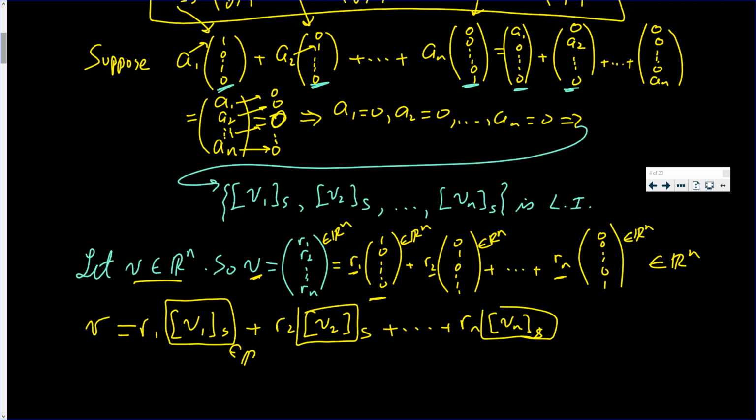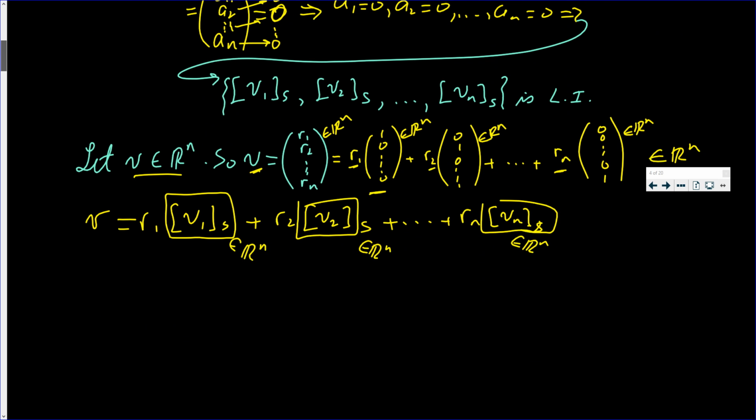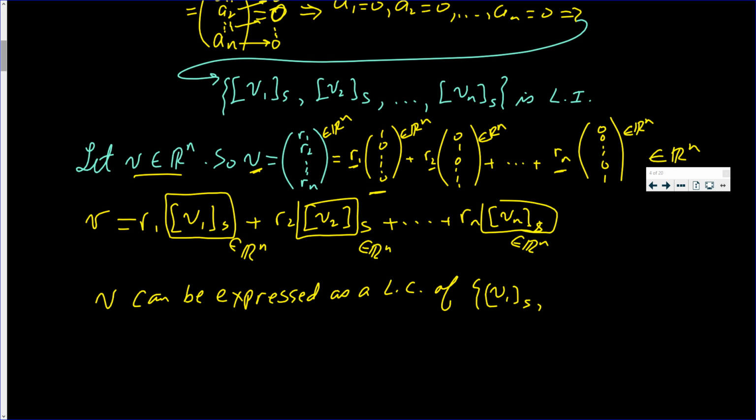All of these are in Rn. So V can be expressed as a linear combination of the vectors V1 in S all the way down to Vn in S, all of which are in Rn.